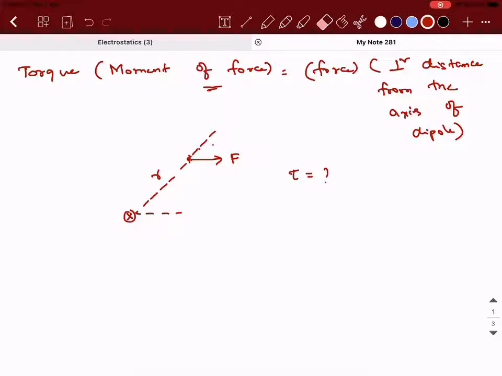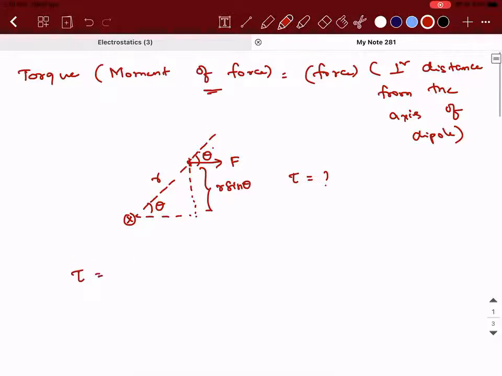So if I take the line along the axis of rotation, and from the point of application of force I drop a perpendicular, and if I say the angle between force and r is theta, then this is also theta. Then how much will this distance be? It will be r sine theta. Then what is torque equal to? Force multiplied with r sine theta. Accepted. So this is in terms of magnitude.